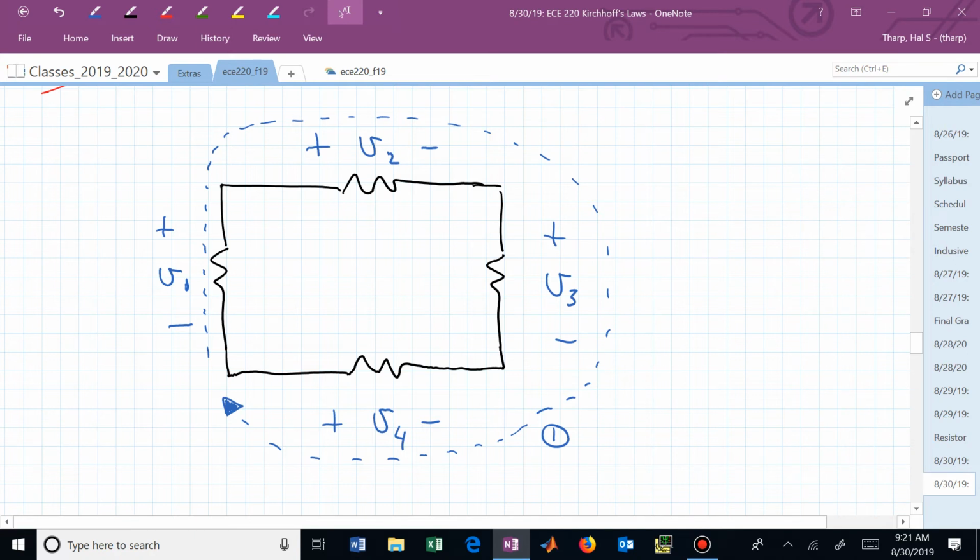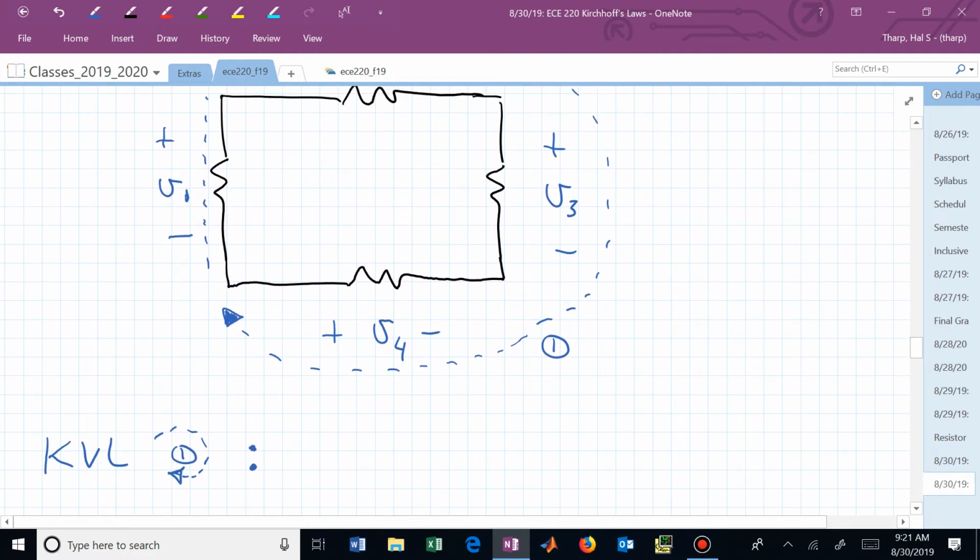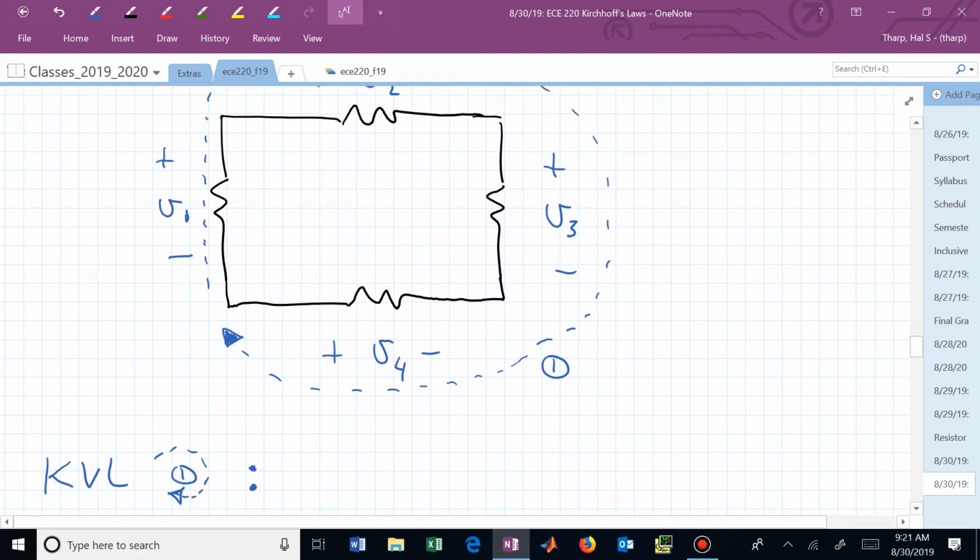And in symbols, I might say KVL, little clockwise dashed circle with a 1 in it. KVL around loop number 1, or mesh number 1, or path number 1. I might say it all of the above different ways.